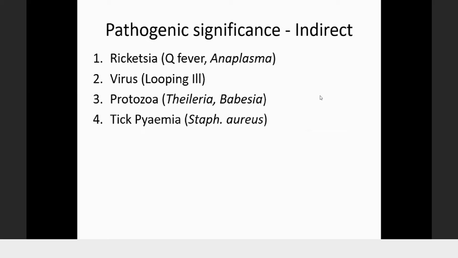Okay, there is also indirect pathogenic significance, which is mainly the transmission of disease, being a vector of these important blood-transmitted diseases. For example, rickettsia, some viruses, protozoa, and tick pyrexia. I think you know this already based on Dr. Ruben's lecture.